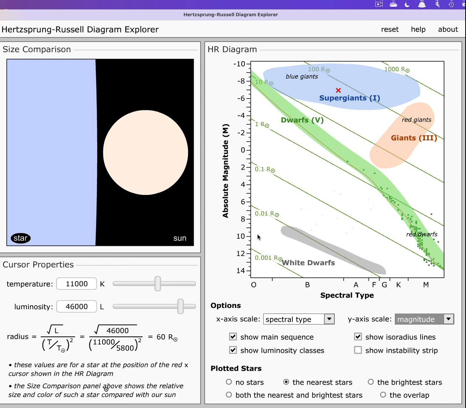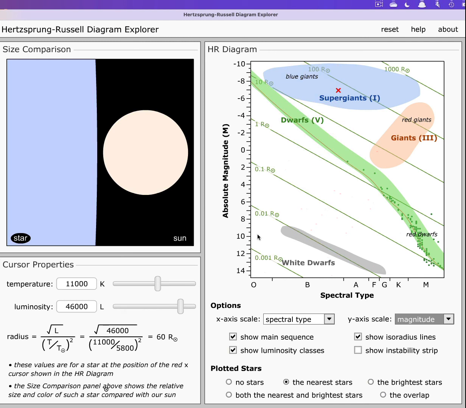Now, on the absolute magnitude scale, we're not using the same sort of reference. We are assuming that all stars are about 10 parsecs away, and then we think about how much light would reach us as the observer. So absolute magnitude and luminosity are very similar.